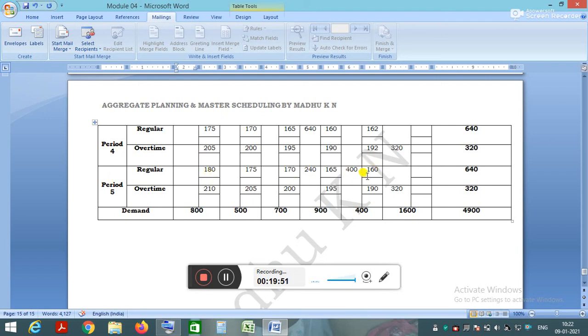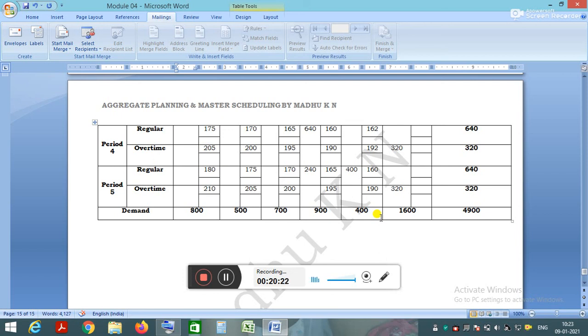Okay, here we used the back ordering concept for period 1 and period 4, and the inventory concept for period 3, producing more products in period 2 and period 5 than the required demand.